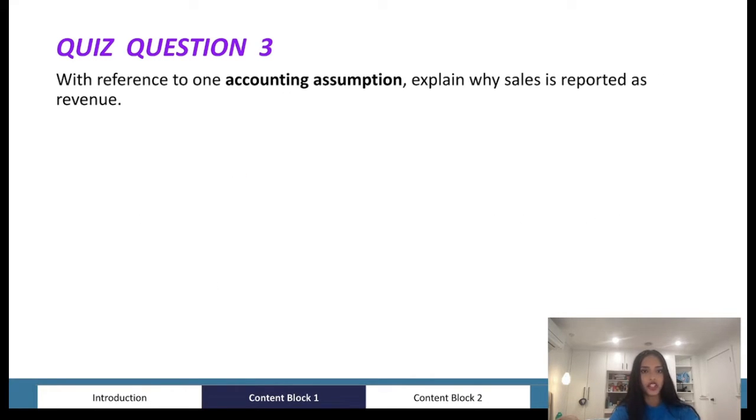Okay, here's the third question. I kind of helped you with the first 2, but for this one, I'll give you time to think about it on your own. With reference to one accounting assumption, explain why sales is reported as revenue. I'll give you like 1 minute. Just think about it and come up with your own answer, and then I'll go through it.